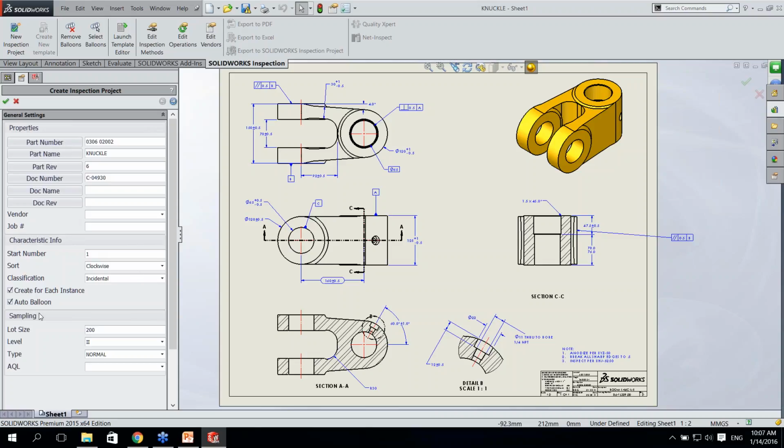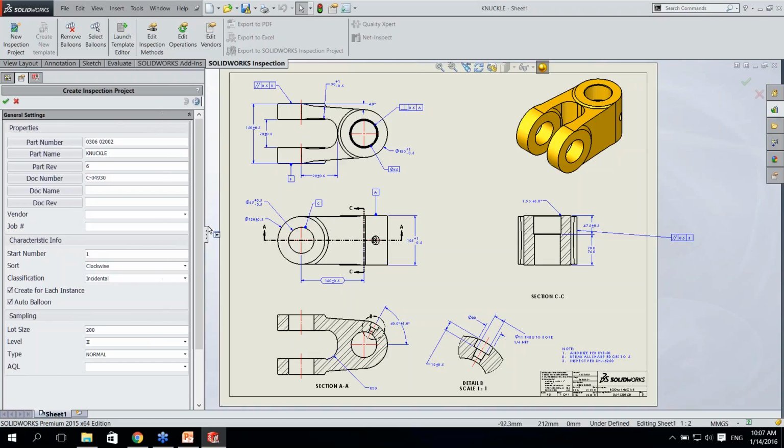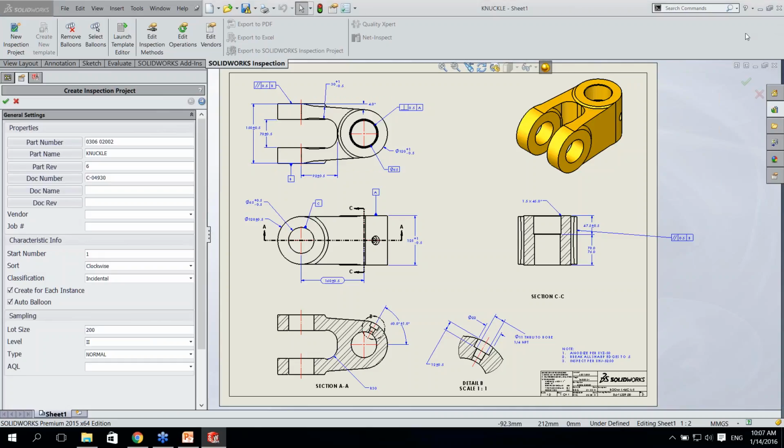Then in the sampling section, which is the one I would like to focus on today, you can see the lot size, which means the quantity you're going to manufacture of these parts. Level is the strictness of the inspection level. Then you also select the type, and over here you have the AQL.